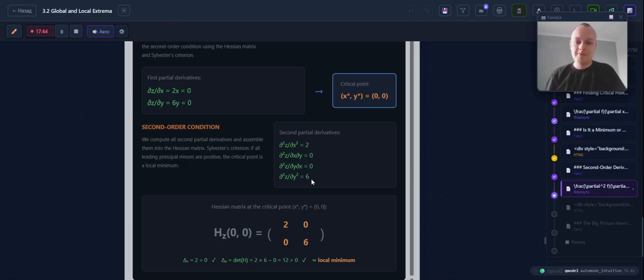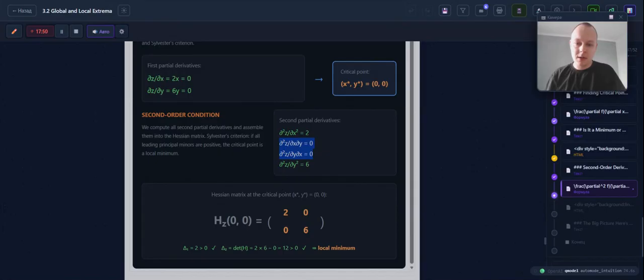And there are also these two things we calculated: how y changes for our partial derivative in x, and how x changes for our partial derivative in y, I guess.